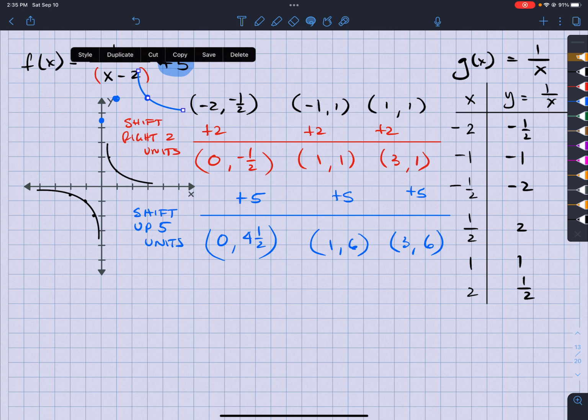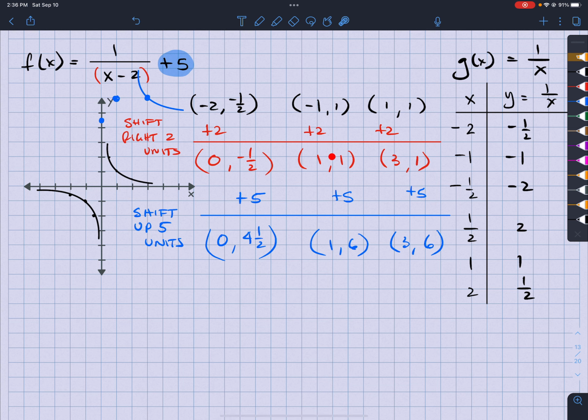Okay, so same thing here. So if I was to look, I use -1, 1, that shifted right 2 units and up 5. 1, 2, 3, 4, 5. Uh-oh, some kind of mistake happened right here, right? So let's see what happened here. So 1, 1, I shift right?